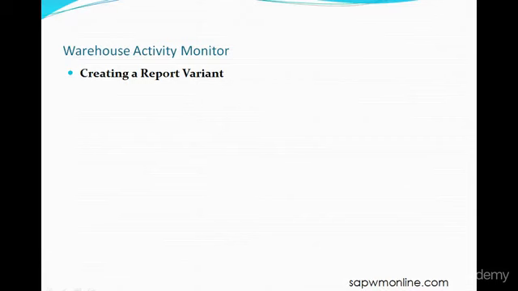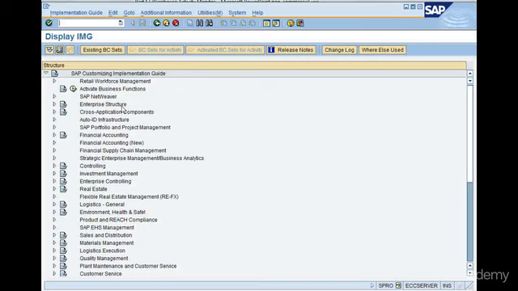So in case you want to specifically look or monitor a certain activity, like let's say a goods receipt activity, you can create a report variant so that you could just check and monitor the goods receipt activity. So let us see how to create a variant that would allow you to monitor exactly what you want to monitor.